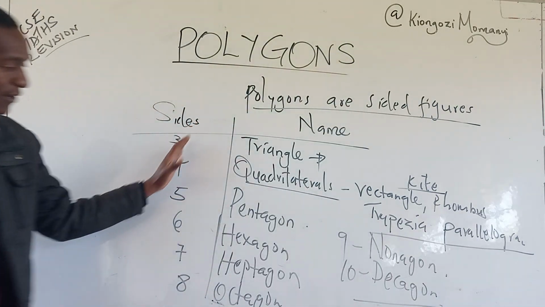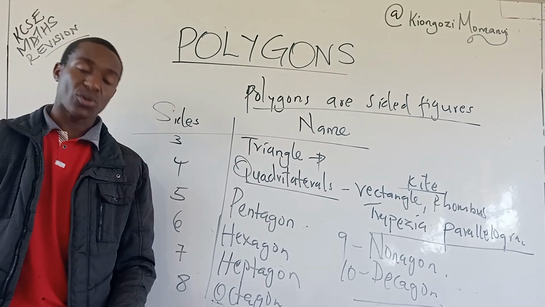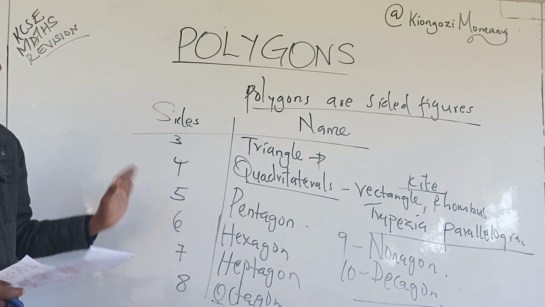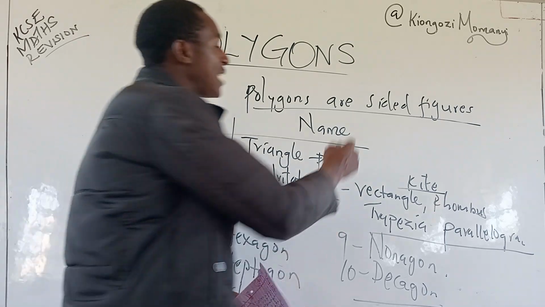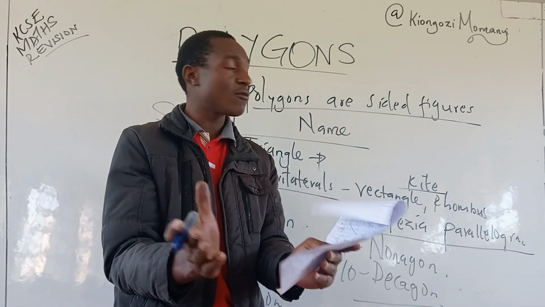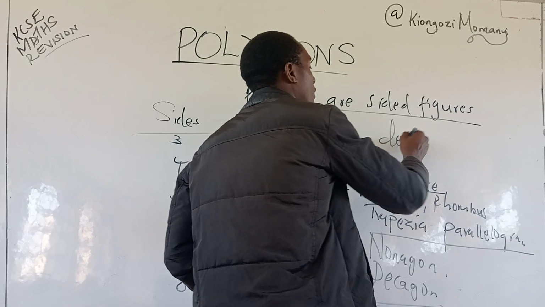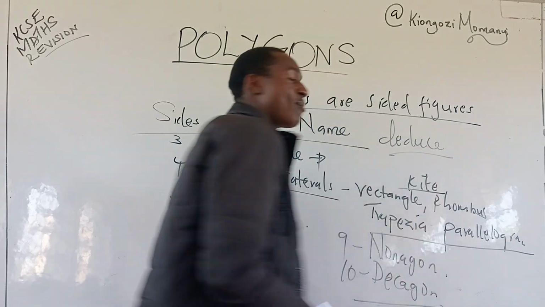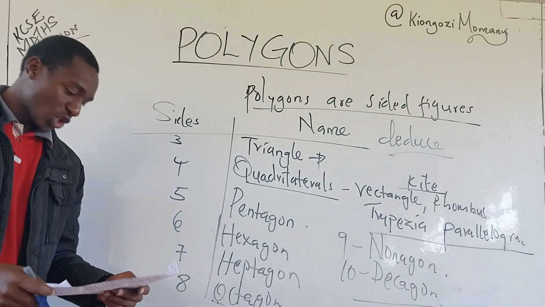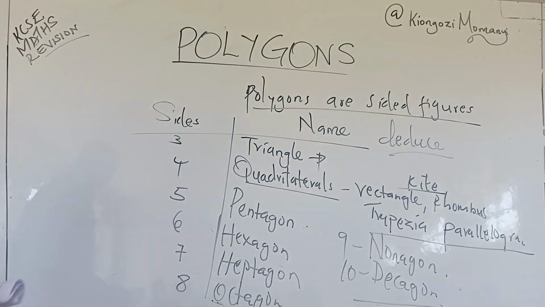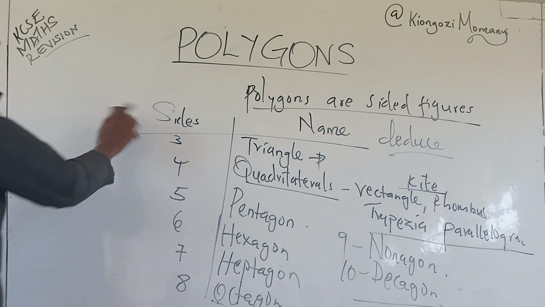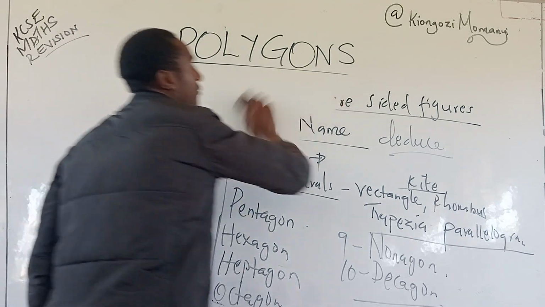These are some of the polygons that you will come across. After understanding that, because there are questions that will require you to deduce the names, you calculate, get the number of sides, and then you say the name of that polygon. So we go straight to giving an example of a polygon.